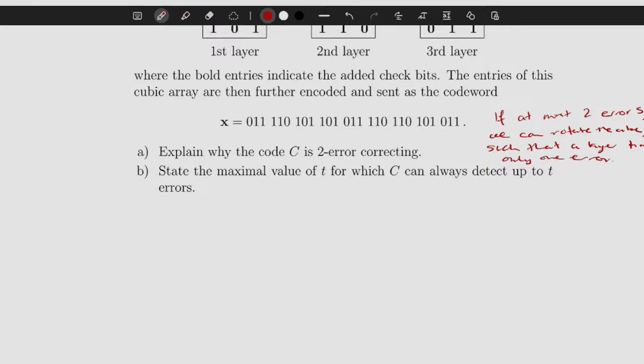The reason why this doesn't work for 3 errors, 4 errors, or anything more than that is because from then on, there is no way to rotate it so that each layer only has at most 1. There would be a layer that has 2 or something ambiguous or strange like that, right? Moving on.